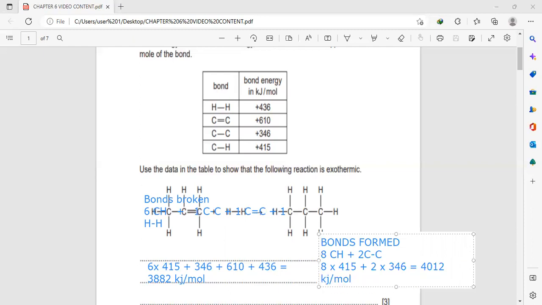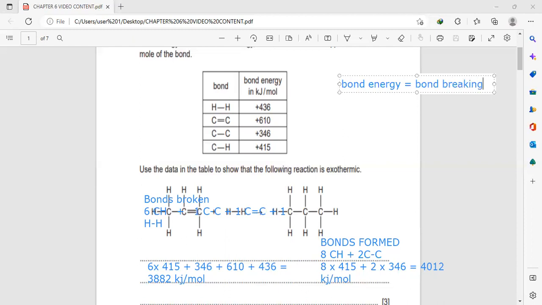Now we want to calculate the bond energy. Bond energy is equal to bond breaking minus bond making, that is, bond formed.